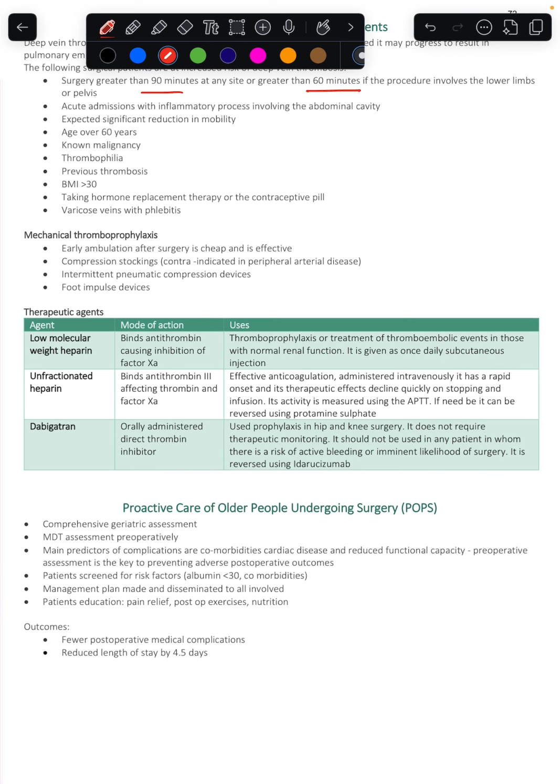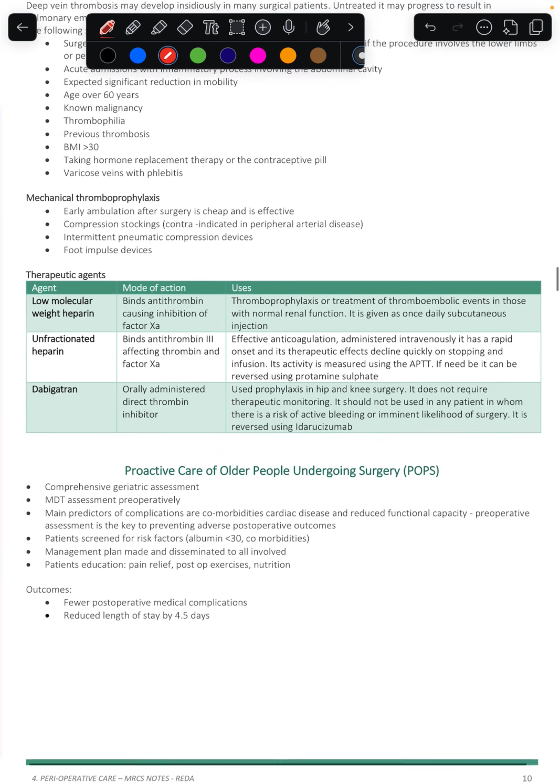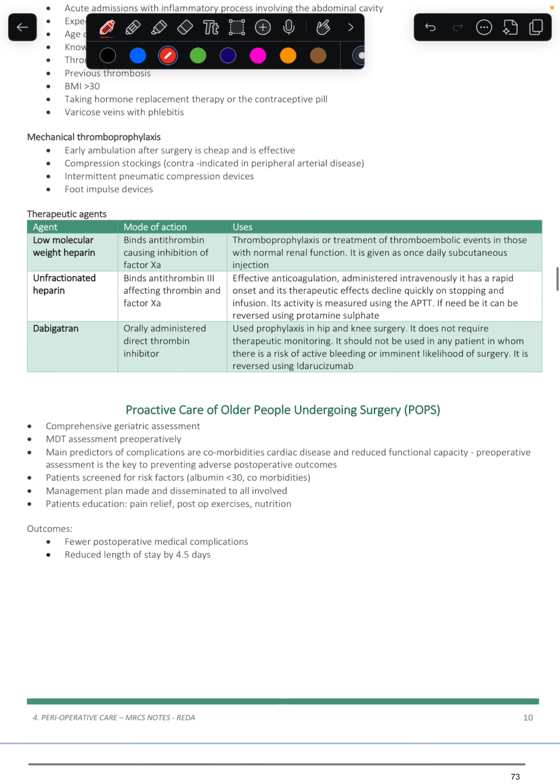Mechanical measures include compression stockings, intermittent pneumatic compression devices, and foot impulse devices. Therapeutic agents include low molecular weight heparin, unfractionated heparin, and dabigatran. Low molecular weight heparin binds with antithrombin, activating it to cause inhibition of factor Xa.